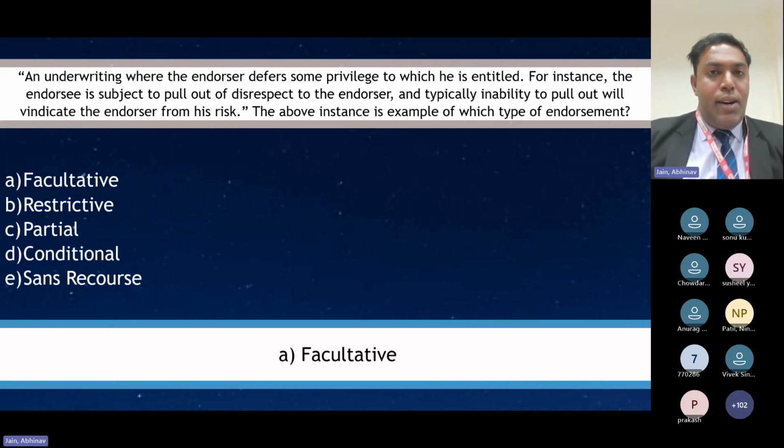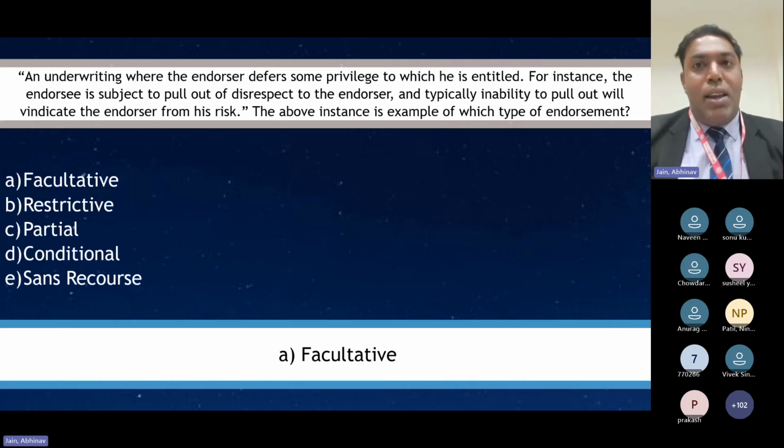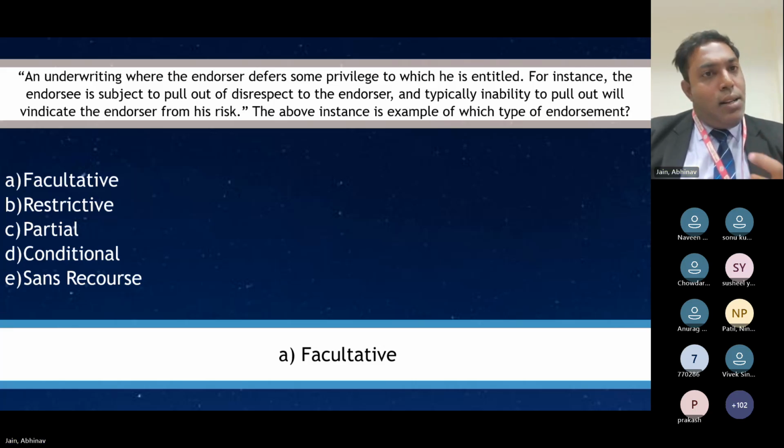The keyword to remember is deferring some privilege to which the endorser is entitled. You have some privilege, but you are giving it away, deferring it. In such a case, the endorsement is a facultative endorsement.